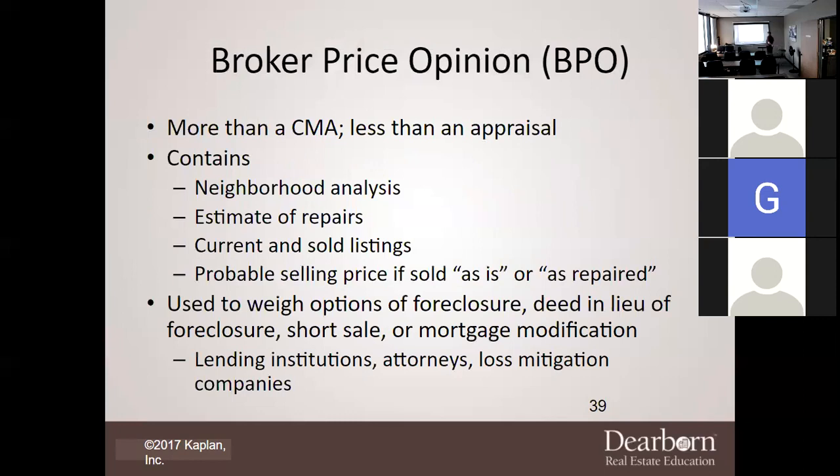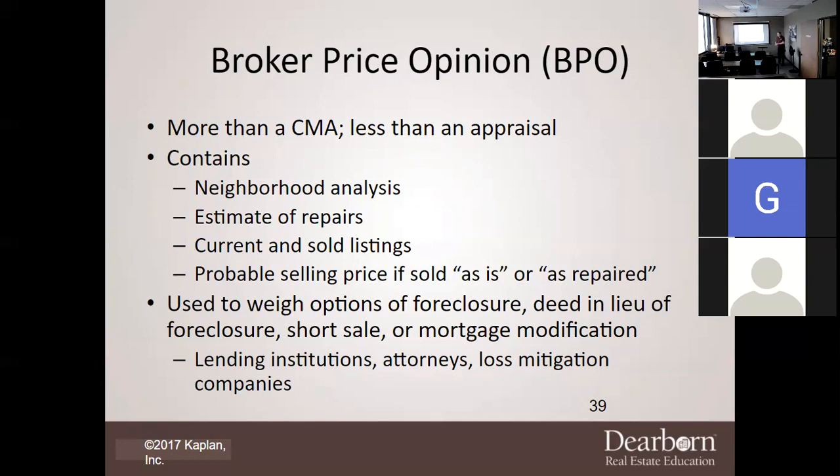We also talked about broker price opinion, so I'm going to go through this very quickly because it's very similar, if not the same, as a CMA. But the only difference is that it is a little more than a CMA, but it's less than an appraisal. The reason being is it's going to contain the neighborhood analytics, basically the estimate of any repairs to the property, the current and sold listings, as well as the probable selling price if sold as is or as repaired.